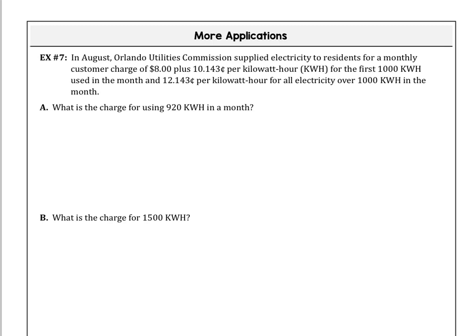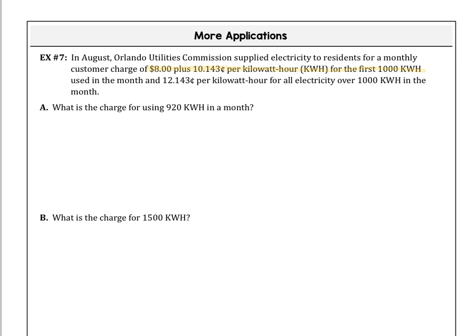All right, so let's look at our key information here. Well, we know we got this $8 monthly charge. Let me do that in a different color, because when I do it in that color, it looks like I'm scratching it out. Okay, so $8 plus this much for the first 1,000.